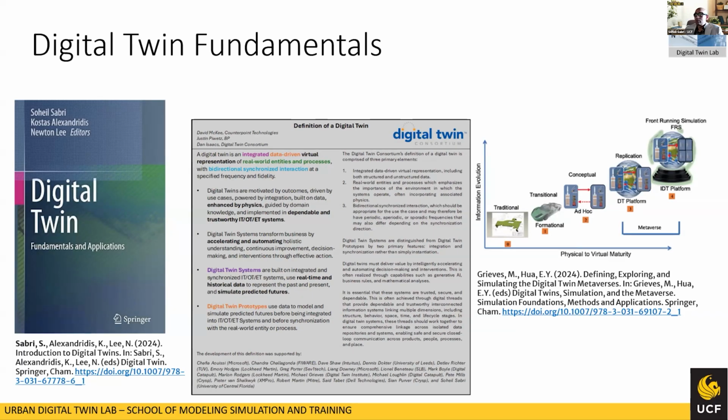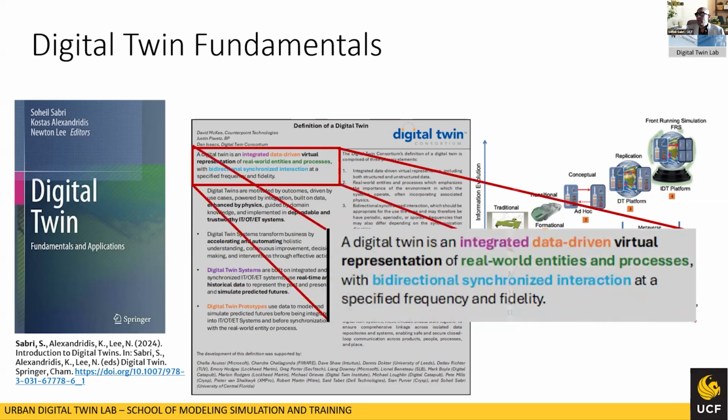And then we try to redefine the digital twin and understanding how these types of emerging technologies can actually address the problem. So the definition is very long. I just want to draw your attention to this part here.